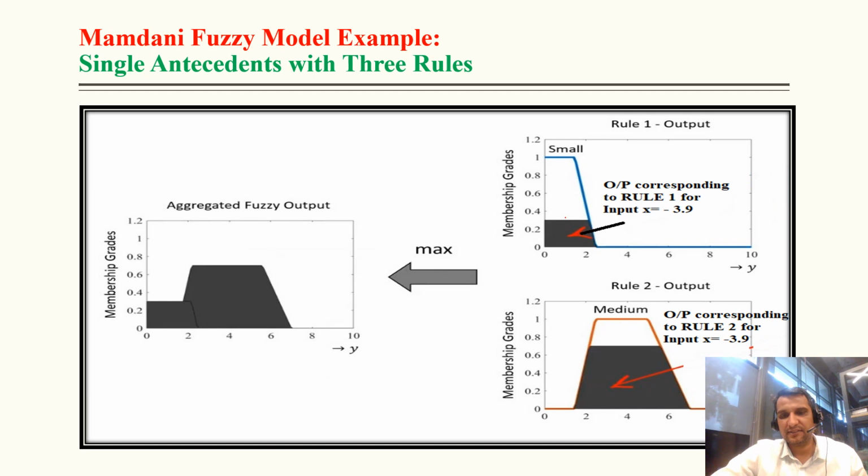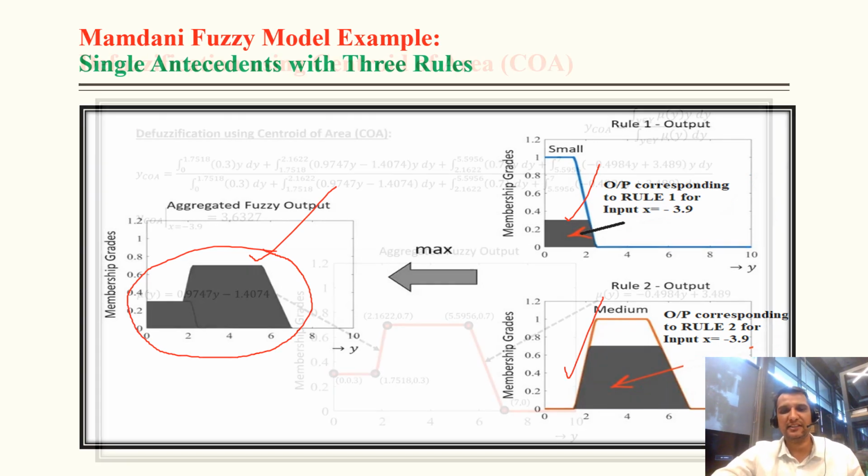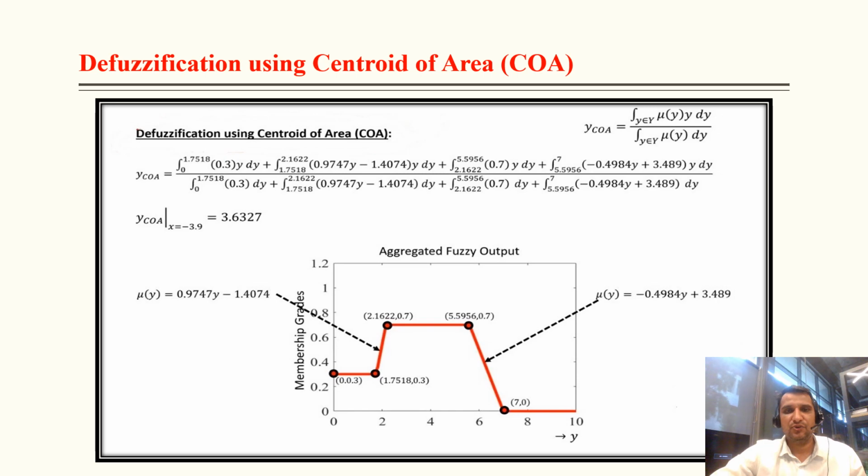This is the first case, this is the second case, and we have to combine them again. After combining, this will be our final output, but it is an aggregated fuzzy output. Again we have to calculate a crisp output, so we have to apply defuzzification techniques. Using centroid of area, the defuzzified crisp value is 3.6327.